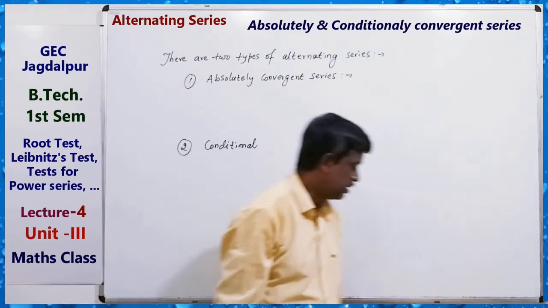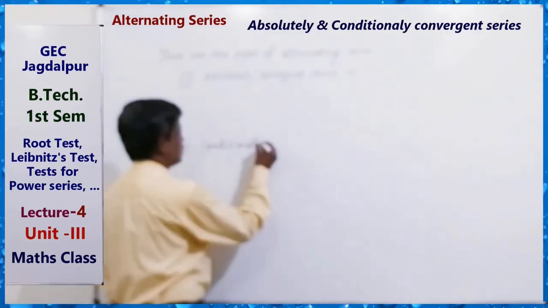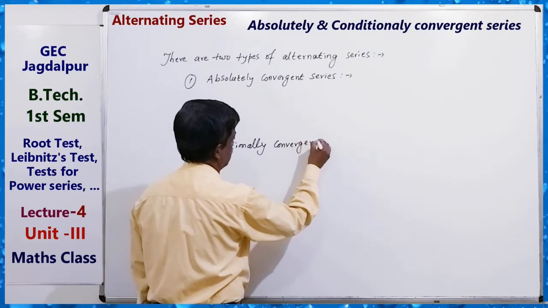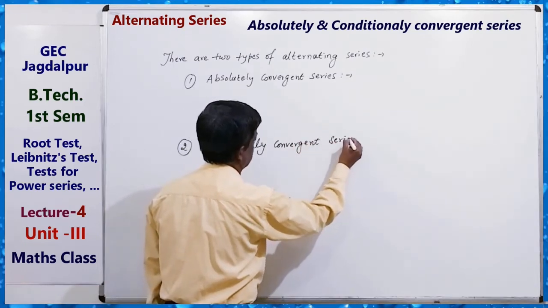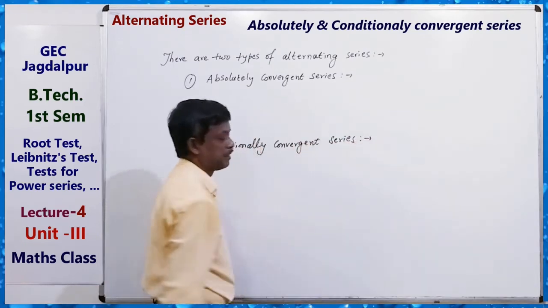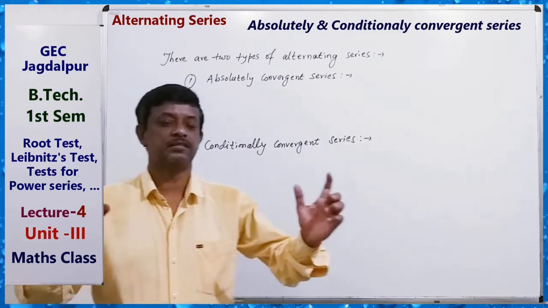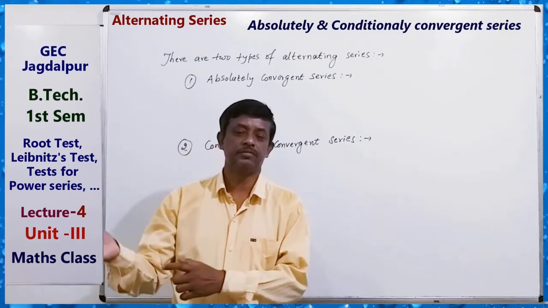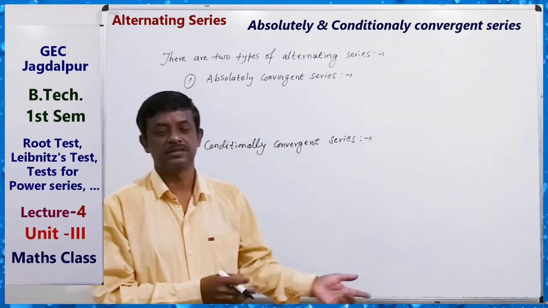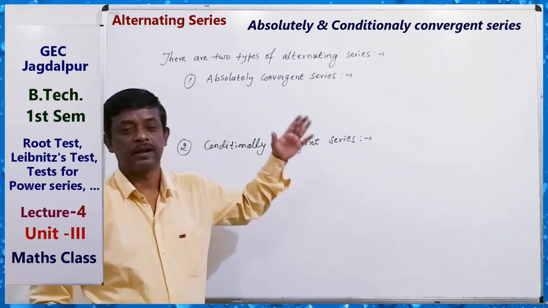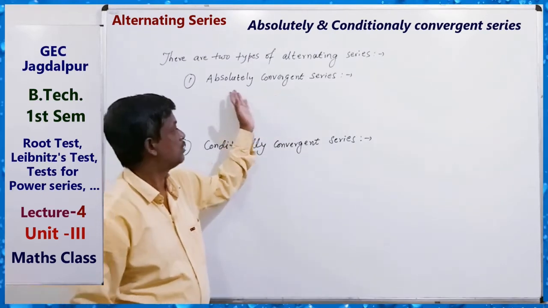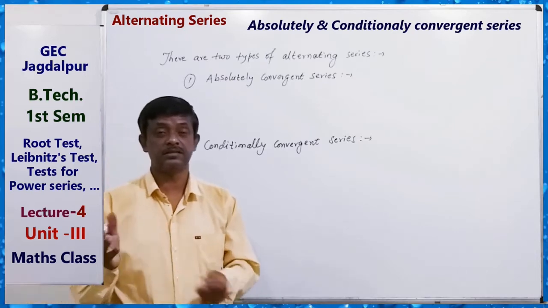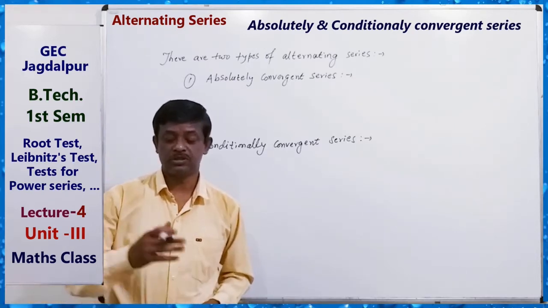Alternating series means terms are alternately positive or negative, because there are alternate sign changes, positive, negative.